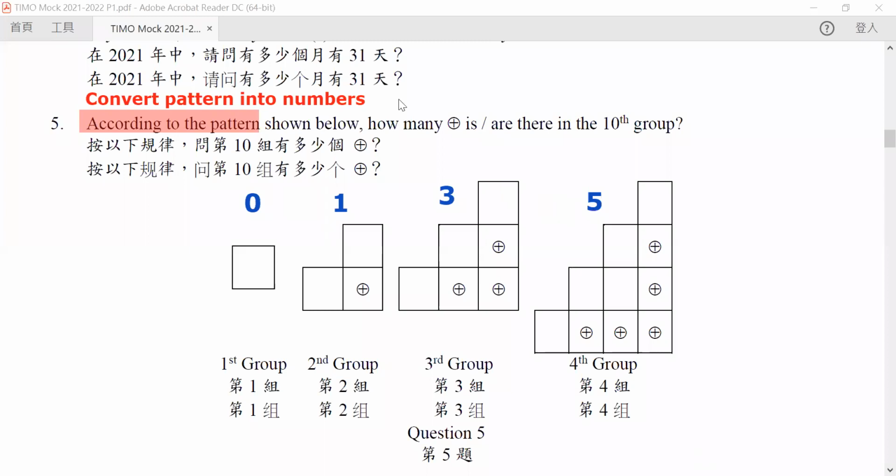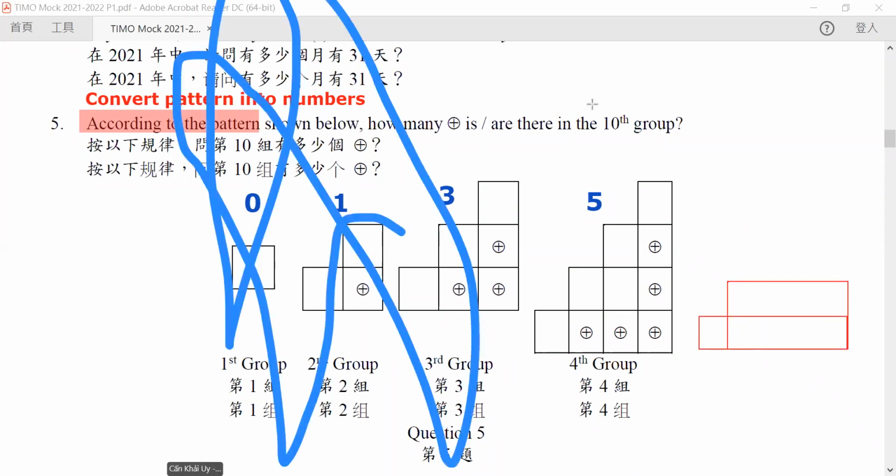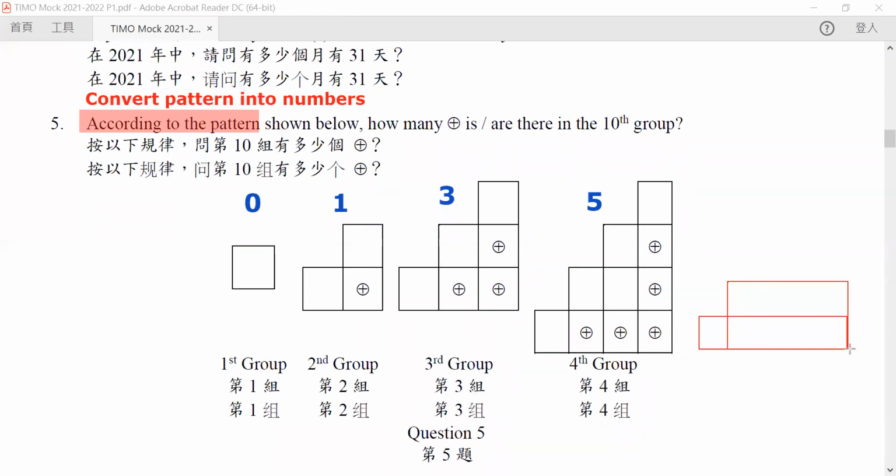Now, sometimes you may not find the rules of this pattern all along, so you may try to draw an extra diagram. Let's say now we draw the diagram for our fifth group. For our fifth group, it will be something like this.